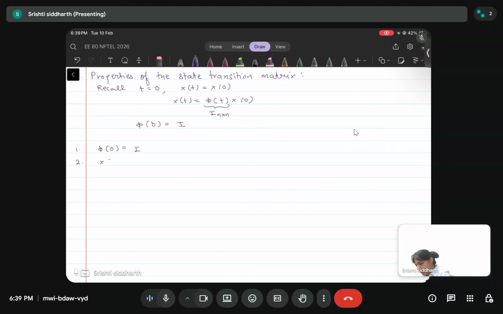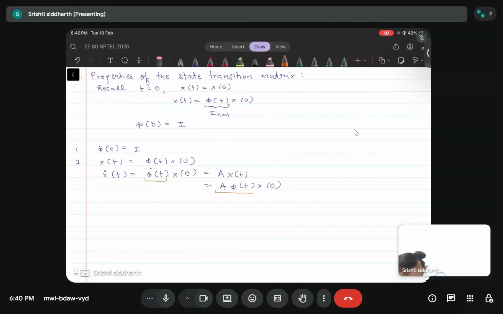Now x(t) is phi(t) times x0. Since this is the solution to the state space model, it has to satisfy the differential equation, right? So x dot is A times x(t), which can be written as A phi(t) x0.